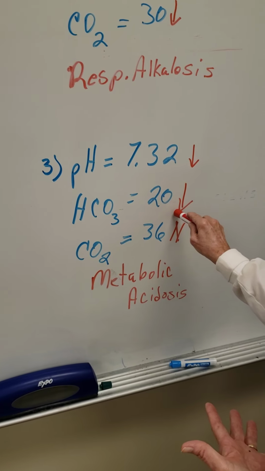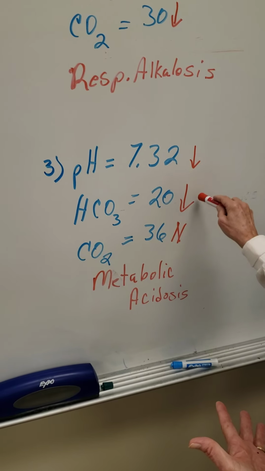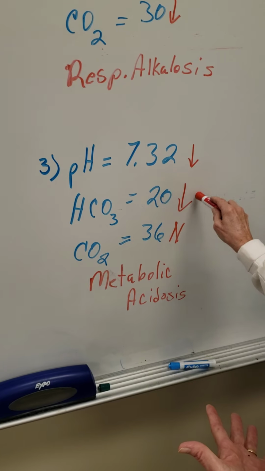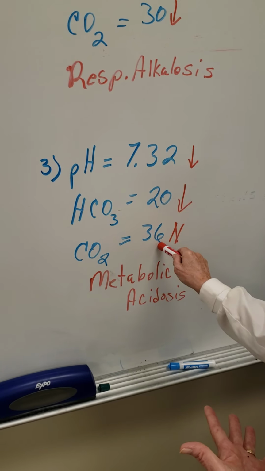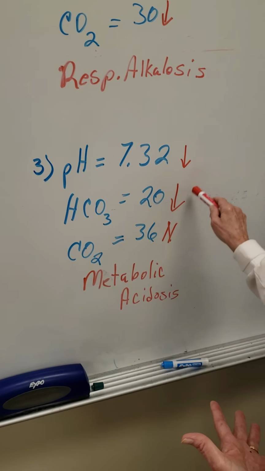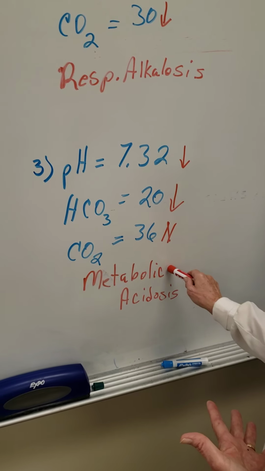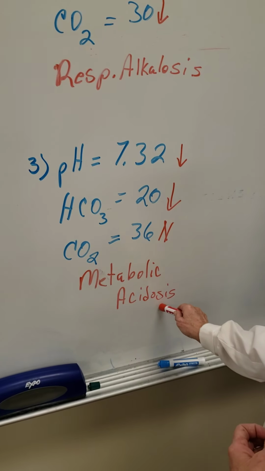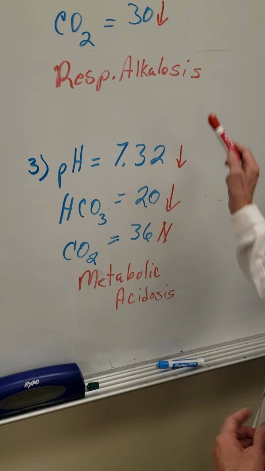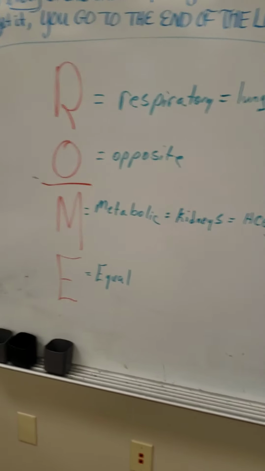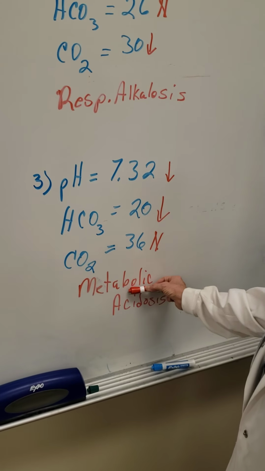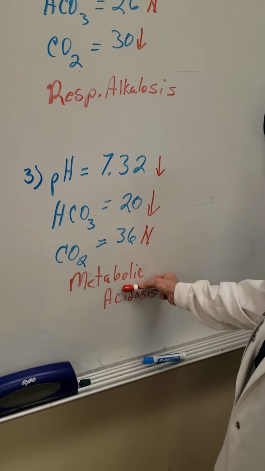So this is low. My arrows are equal, aren't they? And then my CO2 component is normal. My arrows are equal, so it's metabolic acidosis. You understand that? So go back to our word, respiratory opposite, metabolic equal. Metabolic equal, my arrows are going the same way. So it has to be metabolic acidosis, not respiratory.